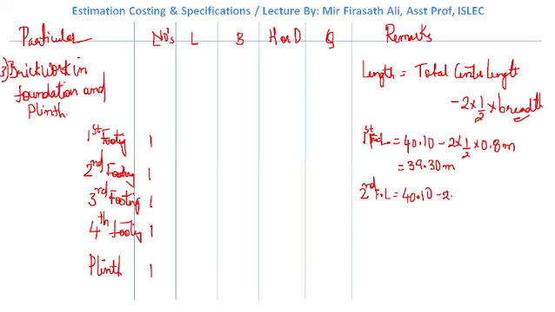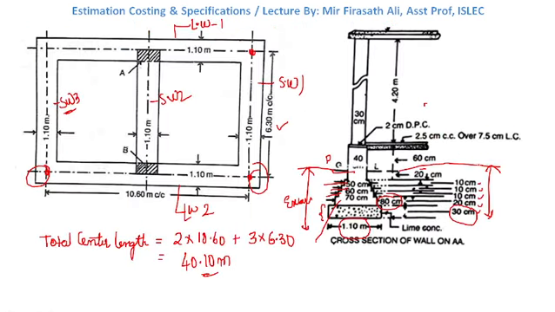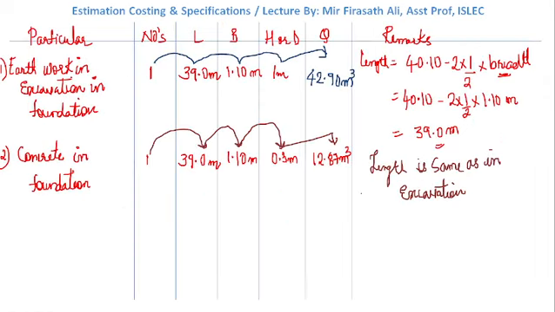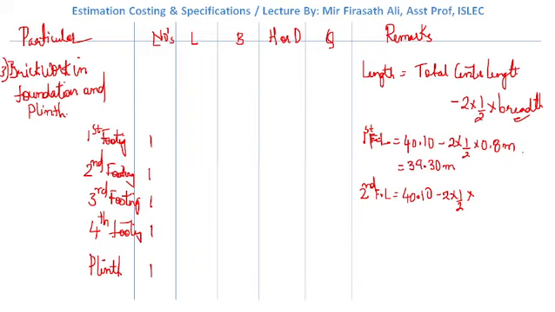Similarly, second footing length: 40.10 minus 2 into 1 by 2 into the breadth of the second footing. As you can see, 70 centimeter. If we convert it into meters, we get 39.40 meters.